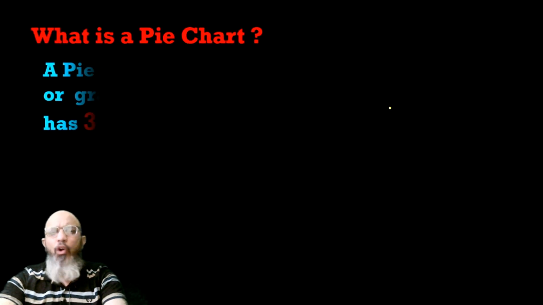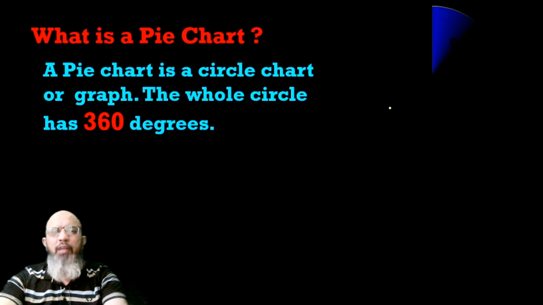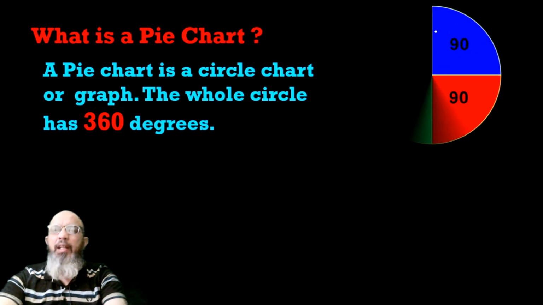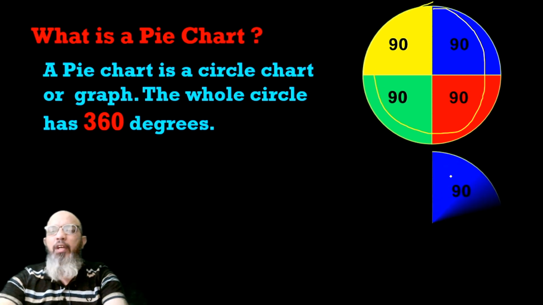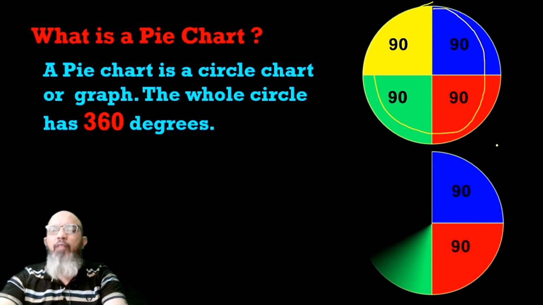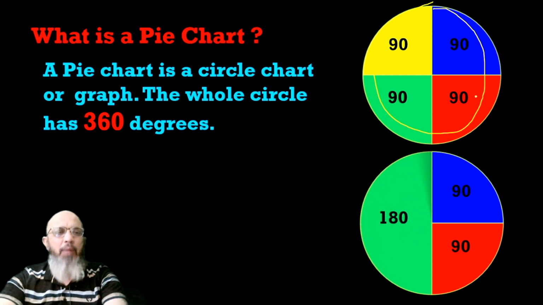Similarly, a pie chart is also shown in some graphs as a percentage or as an angle. When it shows an angle, the whole circle shows 360 degrees, half shows 180 degrees, and when we make it four equal parts, each part shows 90 degrees.